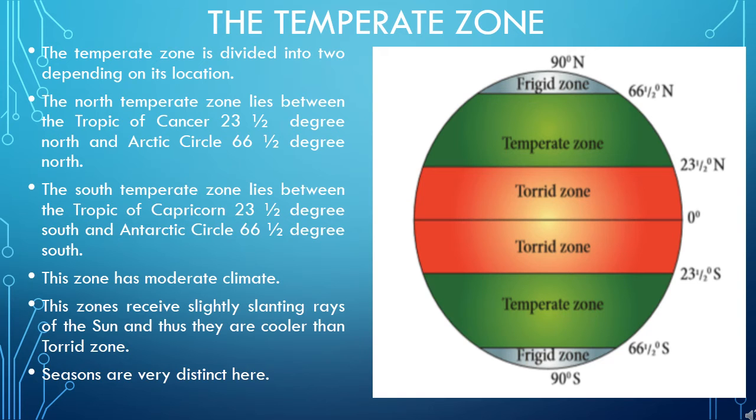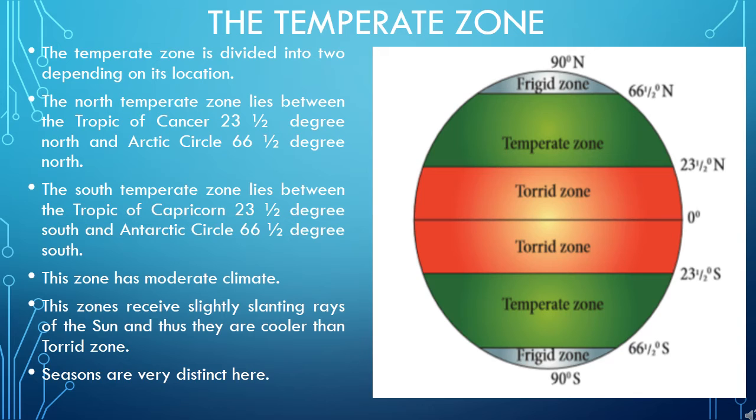Now let me explain to you the location or the extent of temperate zone. First of all, temperate zone is divided into two depending on its location. The north temperate zone lies between the Tropic of Cancer, 23.5 degree, from there it starts, students, till 66.5 degree north, that is till the Arctic Circle.